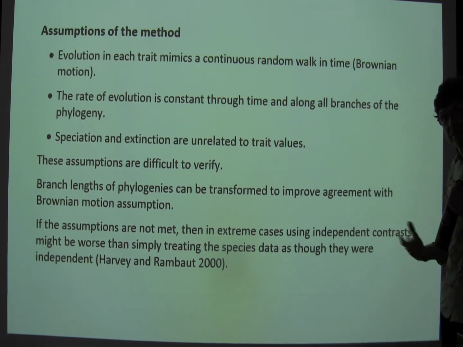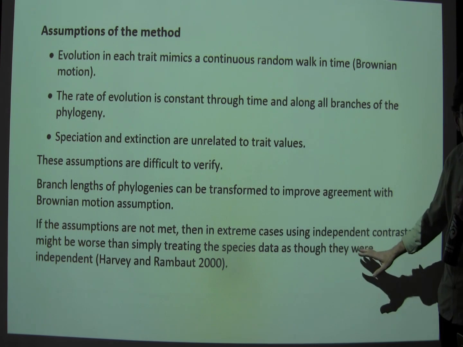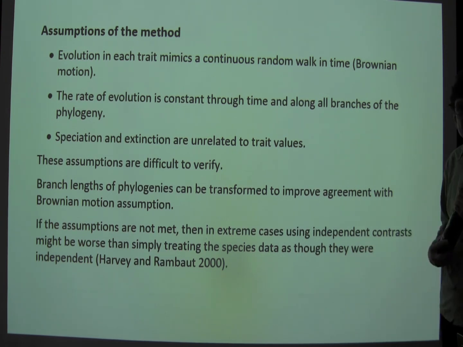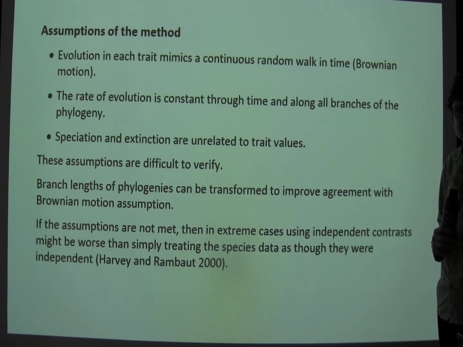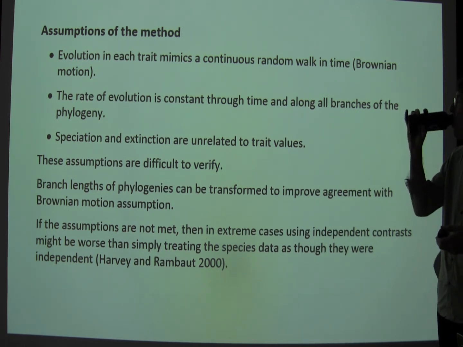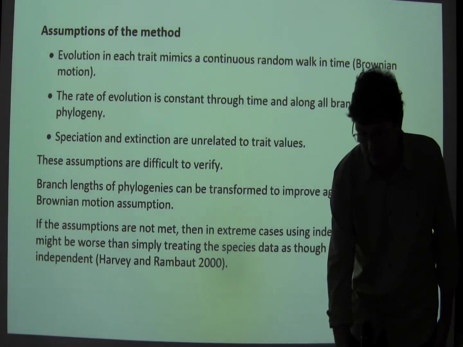Should we still use these methods, or should we just go back to the ordinary correlation between traits ignoring phylogeny? And the answer is, in extreme cases, it's actually worse to use the phylogeny if the violation from Brownian motion is severe. So keep that in mind.